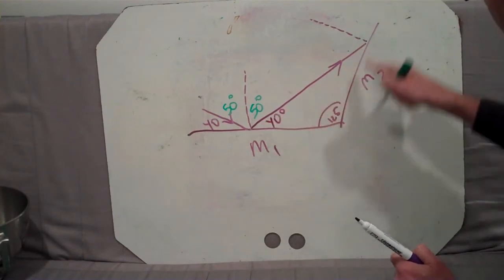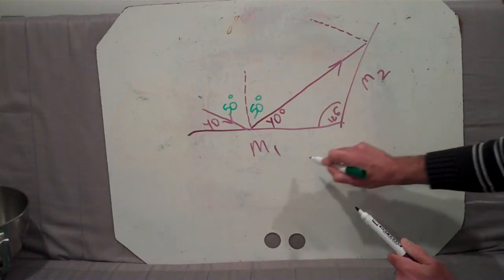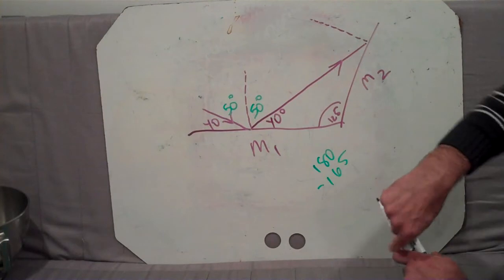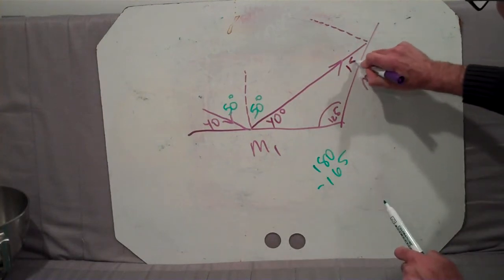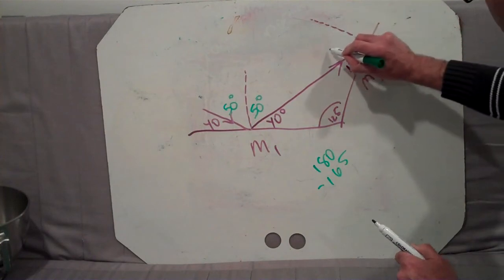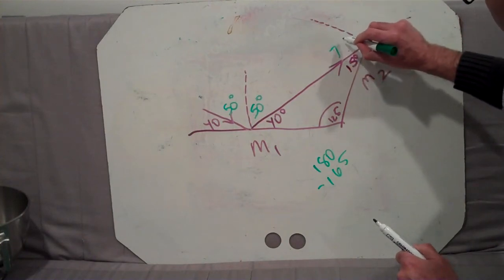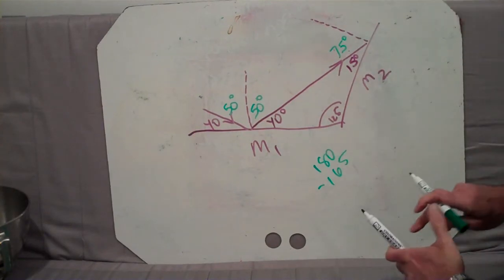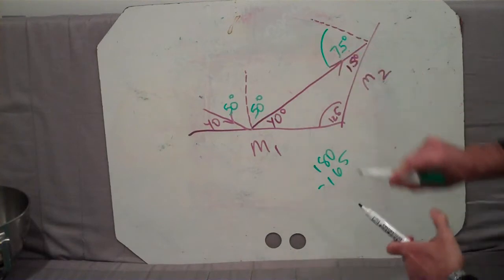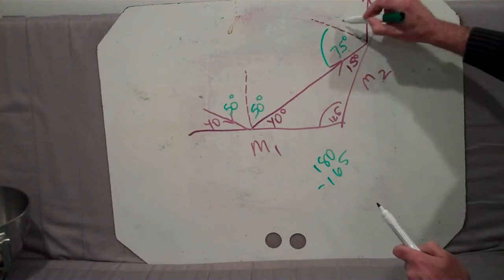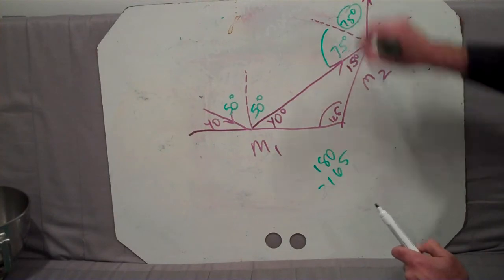Well, we have a triangle here, so 180 minus 165 is 15 degrees, which is here, which means that the new angle of incidence is 75 degrees. Well, the question said, what is the angle of reflection? If the angle of incidence is 75 degrees, the angle of reflection must also be 75 degrees. And that is your answer.